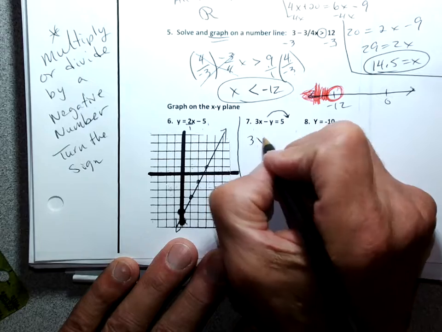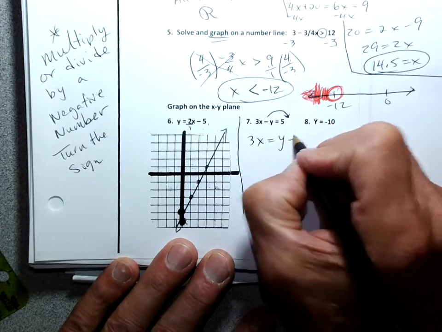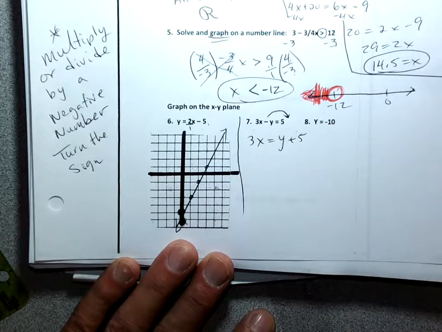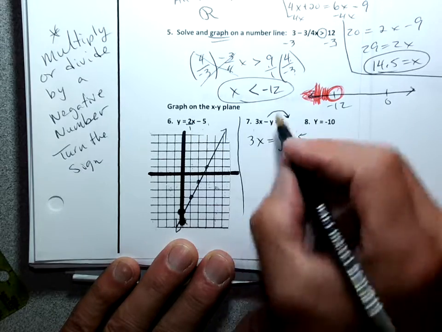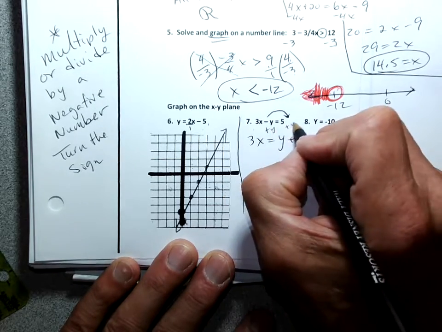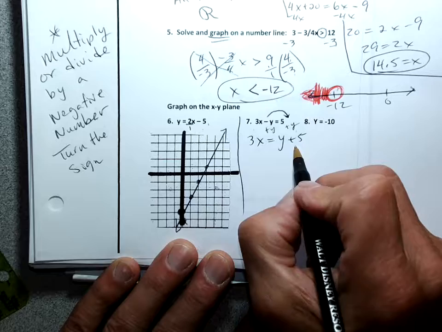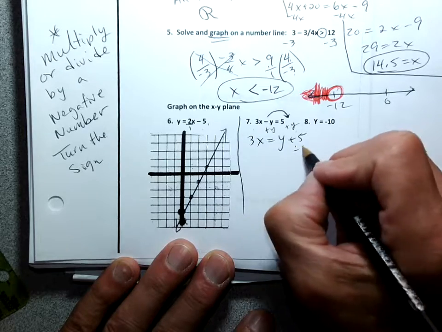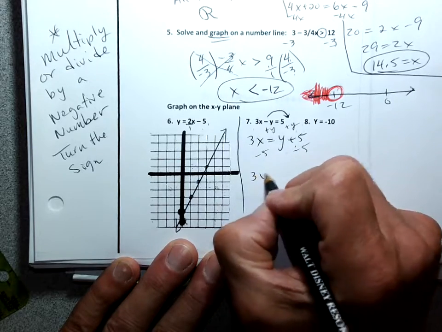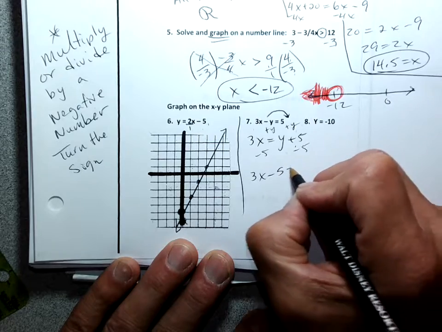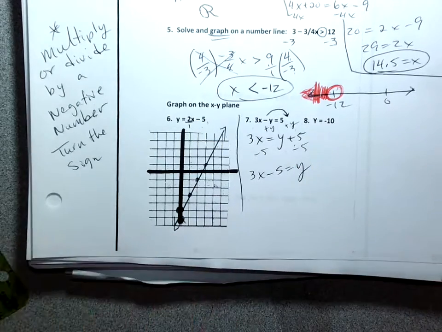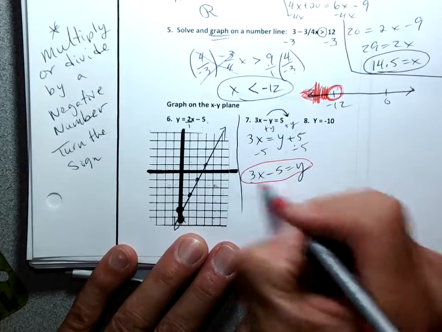So we have 3x equals y plus 5. I just brought the y over, plus y, because I have to solve for y. Then I go minus 5, bring the 5 over, so I have 3x minus 5 equals y. I'll graph this one in red so I'm not confused in my little graph.